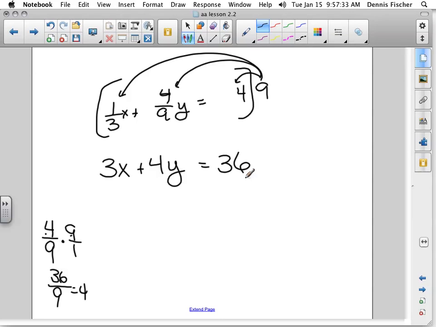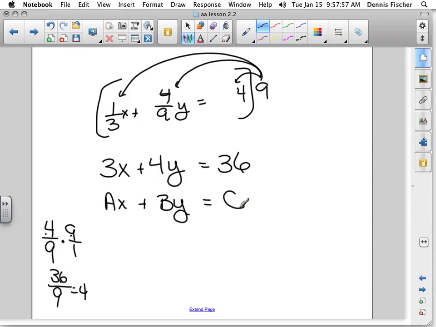Now, if you remember standard form from yesterday, it went ax plus by equals c, right? Is that the form I gave you? A stands for the number in front of your x, B stands for the number in front of your y, and C is the number by itself. Here's a rule, not in your book.